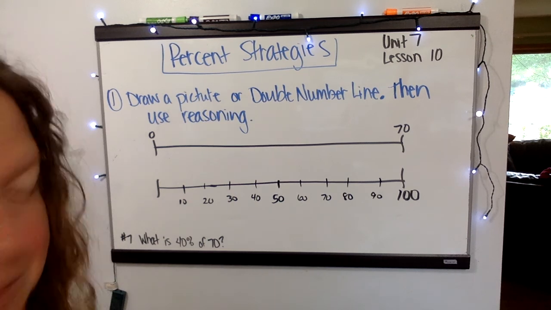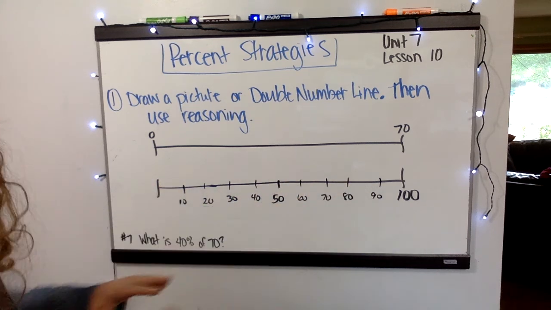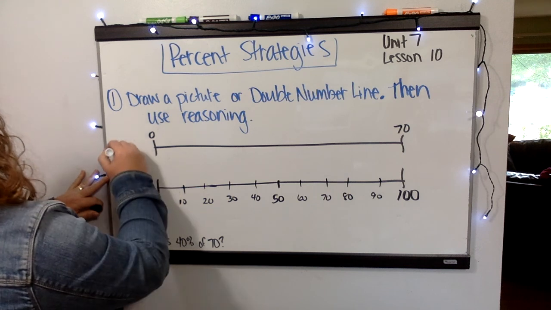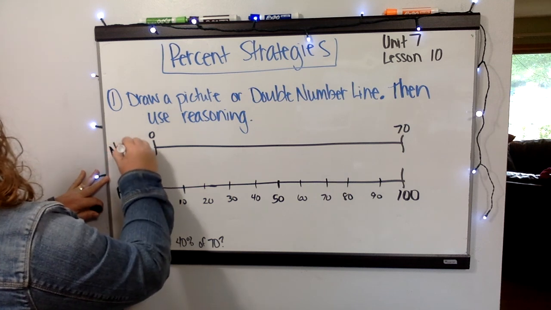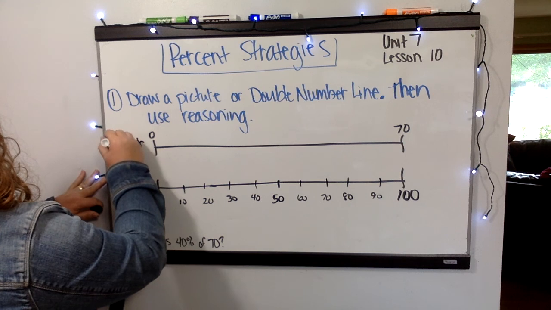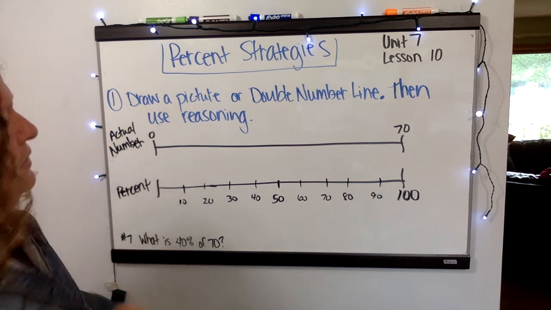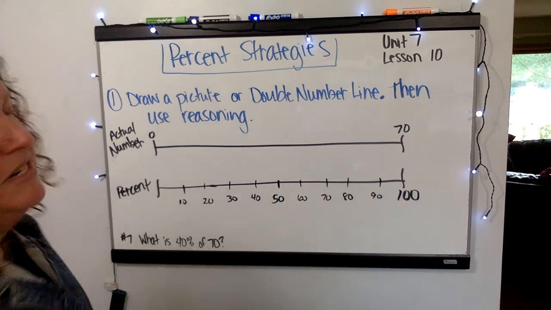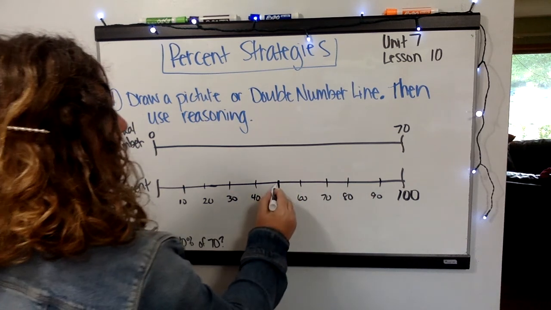So we got our number line. There's the percent. And this is the actual number. Now, how are we going to divide up our 70? Well, we have these divided into 10 groups. So here's 50%.